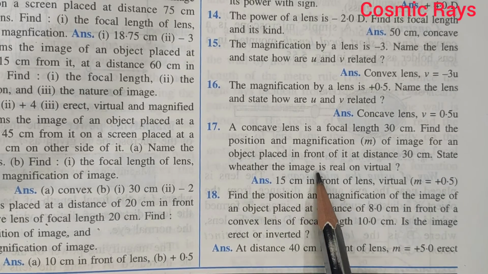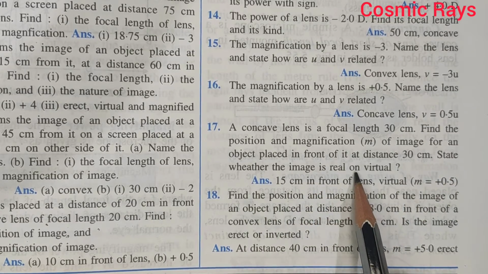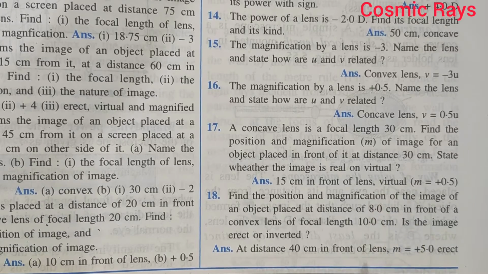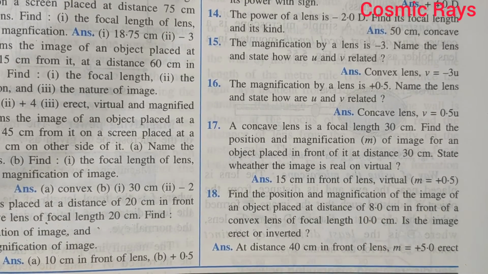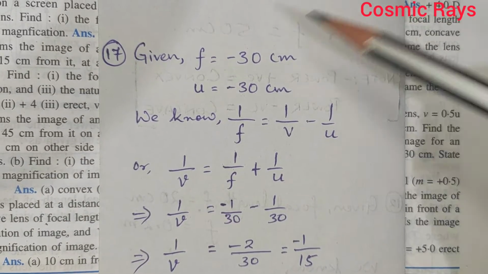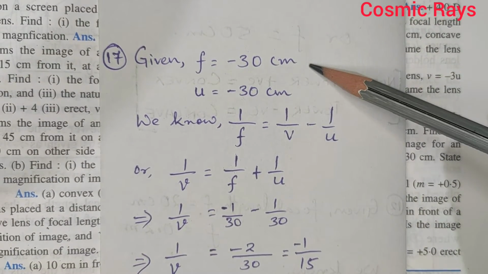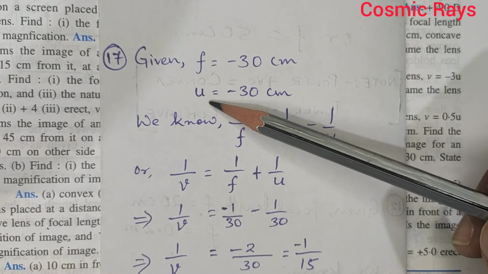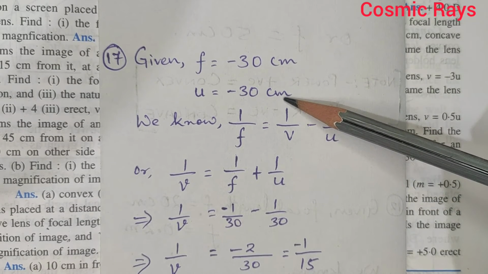State whether the image is real or virtual. So here we will write the given things. So you may see focal length is minus 30 centimeter. U, that is the object distance, is minus 30 centimeter.